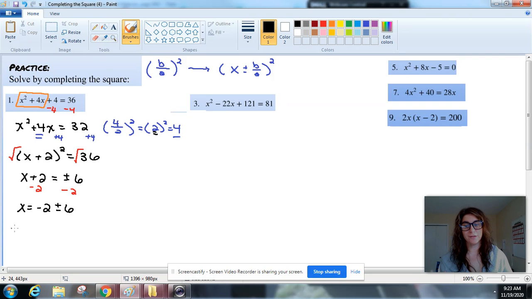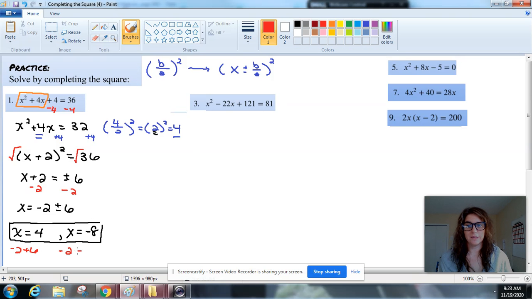Because these are actual values, I can find what they equal. x is going to equal 4, and x equals -8. For those of you who need to see it, all you do is take -2 plus 6. That gets me the 4, and -2 minus 6, because I had this plus or minus here, and that's your -8. Okay, so that's your first question.